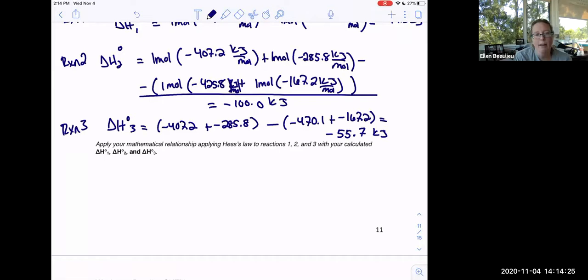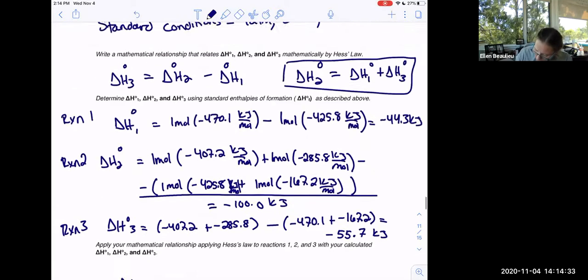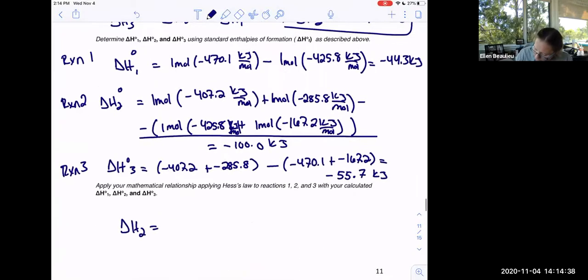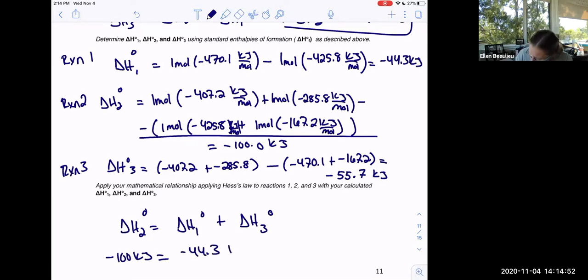Okay, apply this to Hess's law. Did the relationship that we came up with above work? I'll remind you what we came up with. Is this true? Is delta H2 naught equal to delta H1 naught plus delta H3 naught? So delta H2 is negative 100 kilojoules. Delta H1 is negative 44.3 kilojoules.